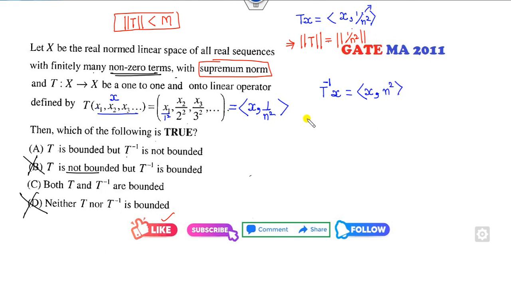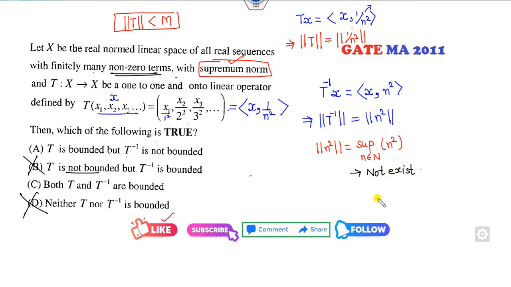So what is the inverse? n square. So what does it mean? Norm of T inverse is the same as norm of n square. And again, how can you define this? Again, the supremum norm: supremum over n belonging to capital N of n square. What is the supremum of n square? It does not exist, fine. So what does it mean?